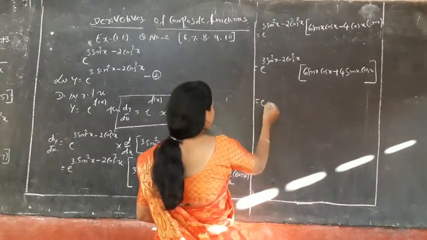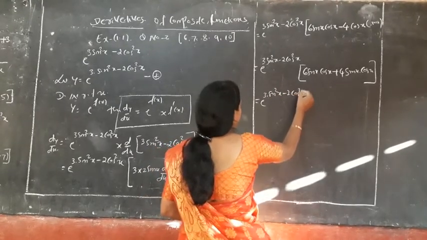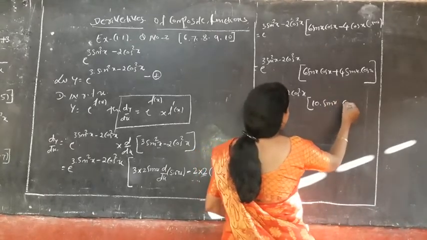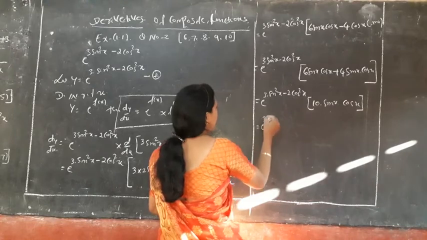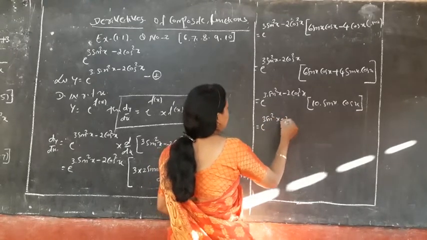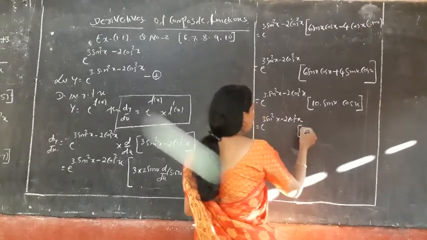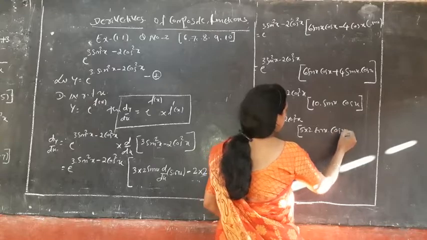So we get e raised to 3 sin square x minus 2 cos square x into 10 sin x into cos x. We can split it as 5 into 2 sin x into cos x.